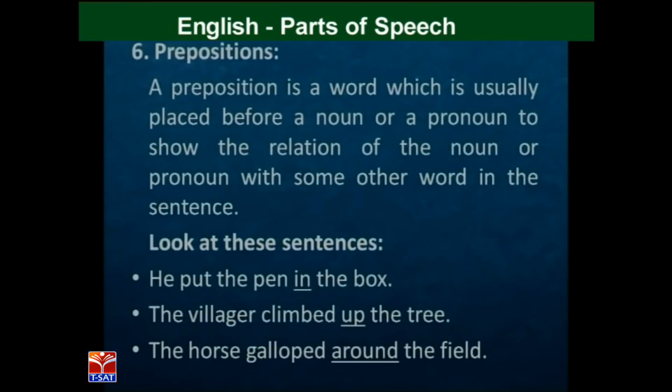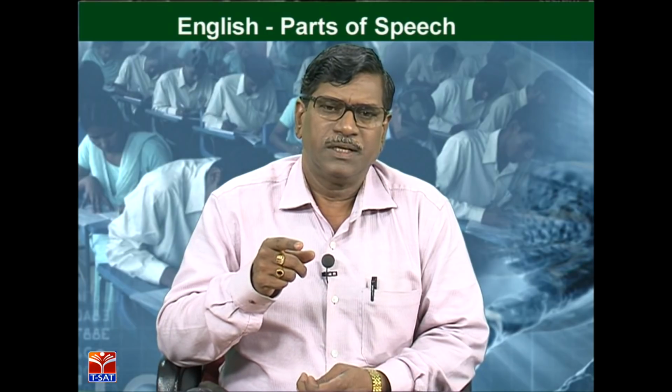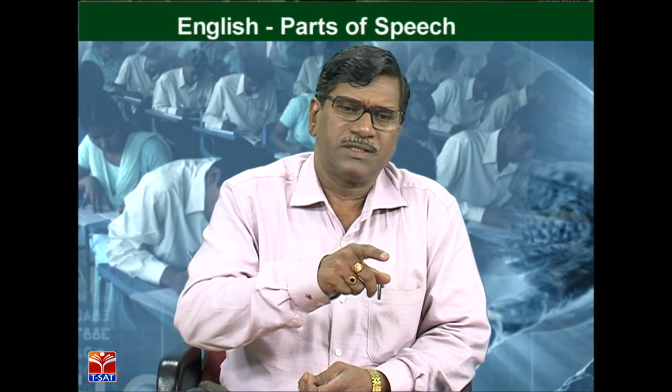What are the other words? Villager climbed. So, the preposition up comes before the noun tree and establishes its relationship with other words in the sentence, that is, villager climbed.